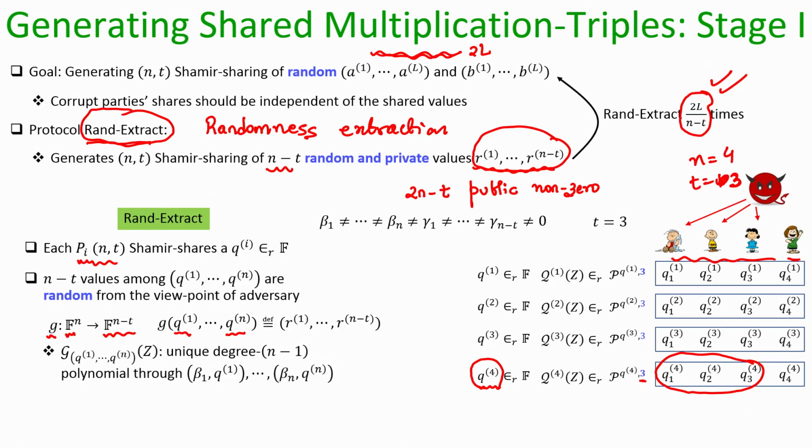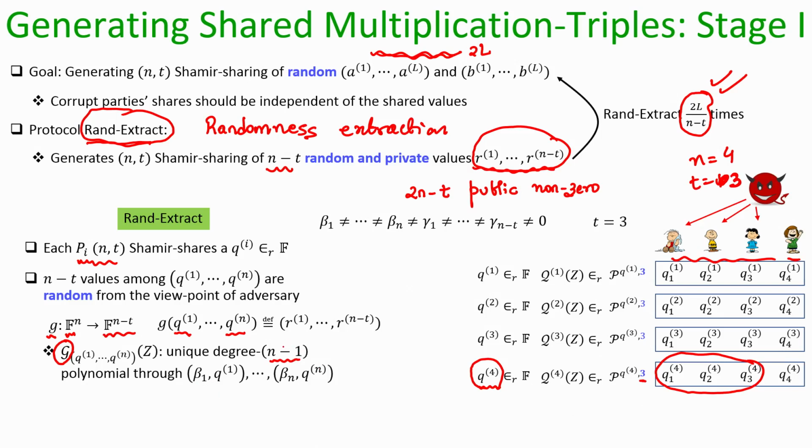How exactly are the outputs R 1 to R n minus t computed from the inputs? We imagine the polynomial capital G which will have degree n minus 1 and pass through the points (b 1, q 1), (b 2, q 2), up to (b n, q n).